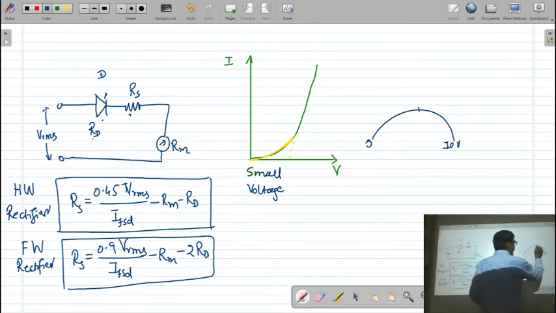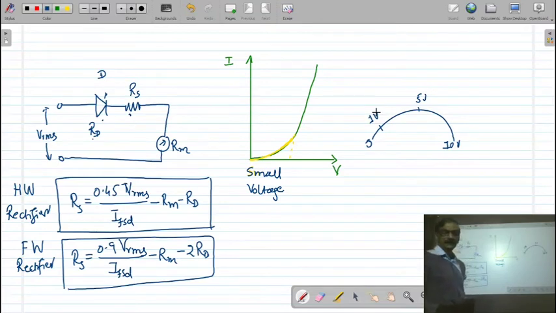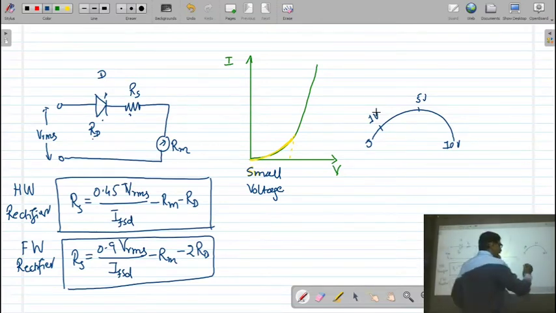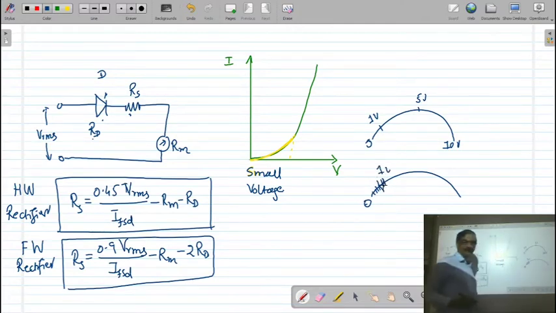If it is linear, then here you can have 5 volt, you can have 1 volt like this. But due to the non-linearity, the scale will be non-linear. And if you exactly calibrate, then between 0 to 1 volt, the scale is going to be crowded.